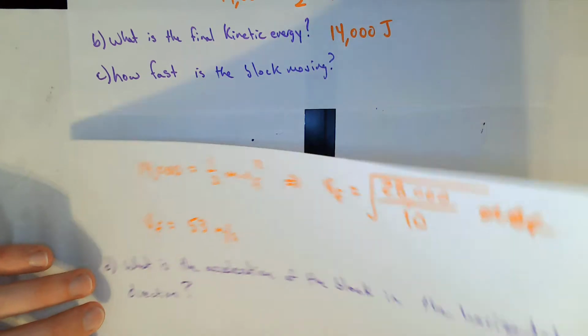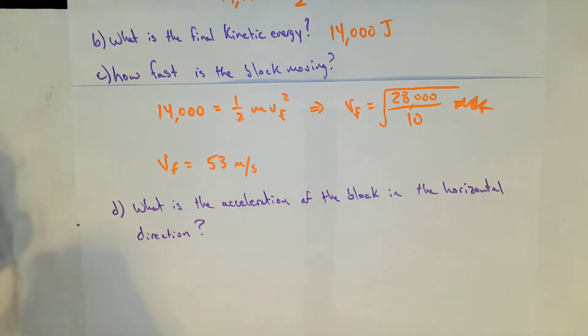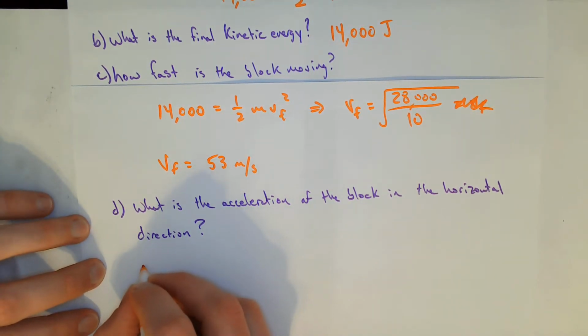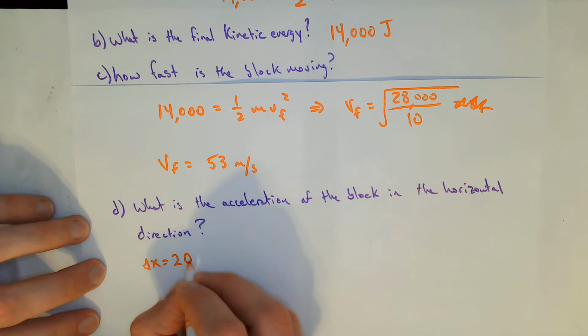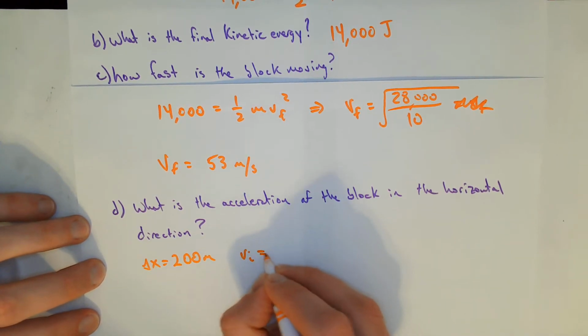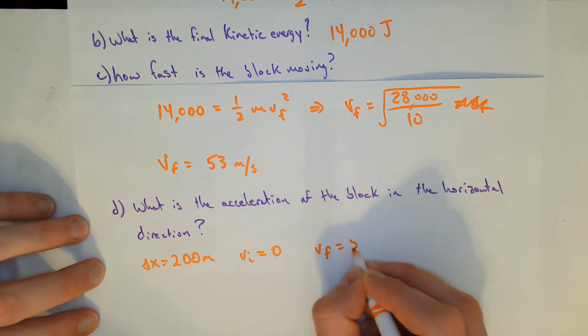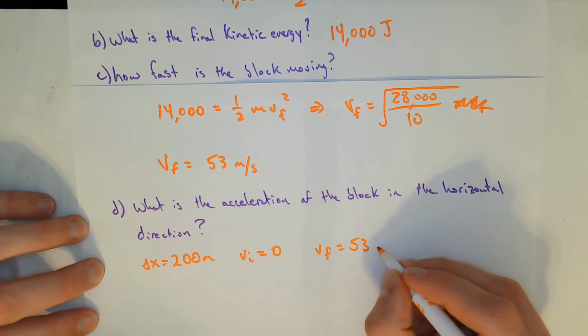Well, there's a couple different ways I could do this. I could say, by kinematics, I have delta x is 200 meters, v initial is 0, and v final is 53 meters per second.